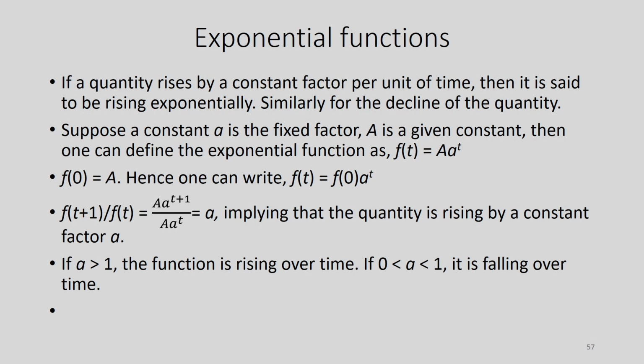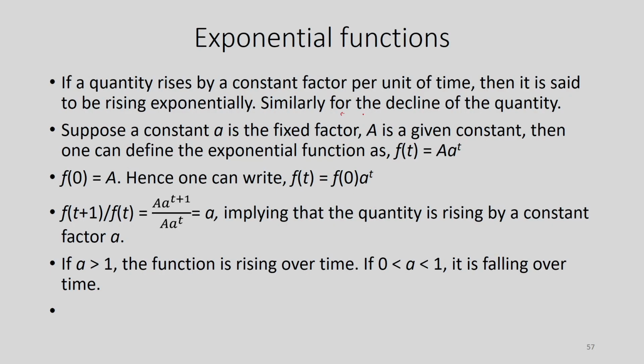So, time here is the independent variable, but the quantity in question is rising with a constant factor per unit of time. So, maybe it is getting doubled every year, right, that will be like rising by a constant factor, or it could be going down by a constant factor also, it can decline, but the decline is also by a constant factor. If that is the case, then we can say that this quantity is rising or declining exponentially.